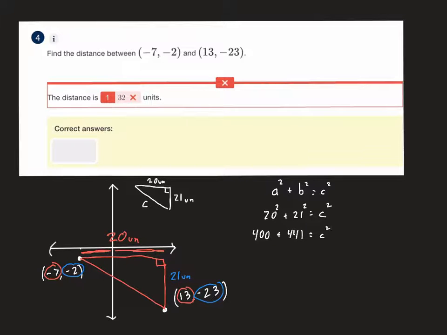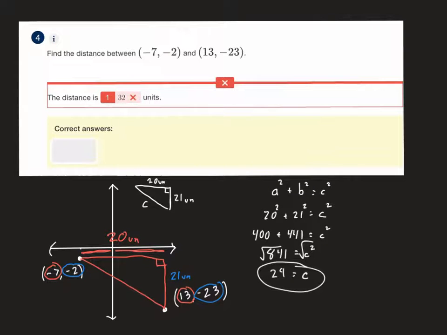Is equal to C squared. Add those up. 841 is C squared. Square root it. 841 square root. Oh, that one comes out nicely. C is equal to 29.